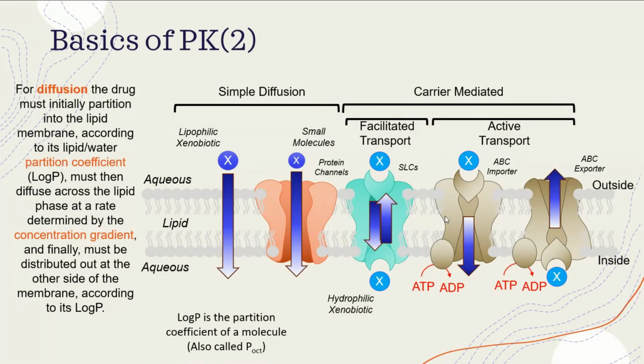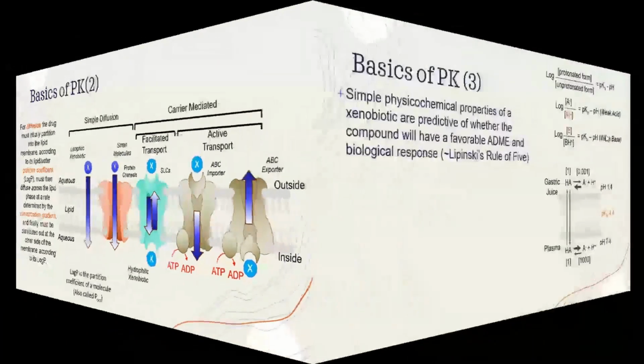And so this is how we quite often try to import in essential nutrients and try to export out compounds that are toxic or are metabolites that we want to excrete. So that's the basic processes by which they're able to cross membranes.